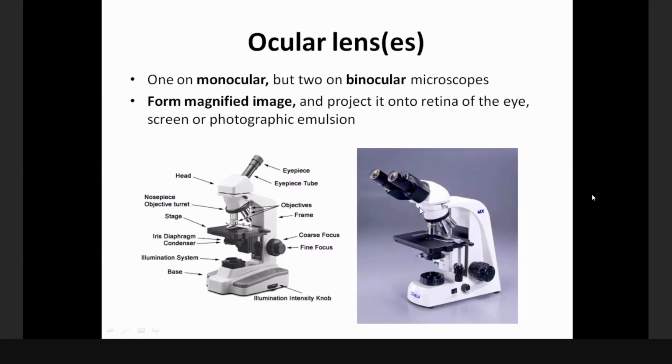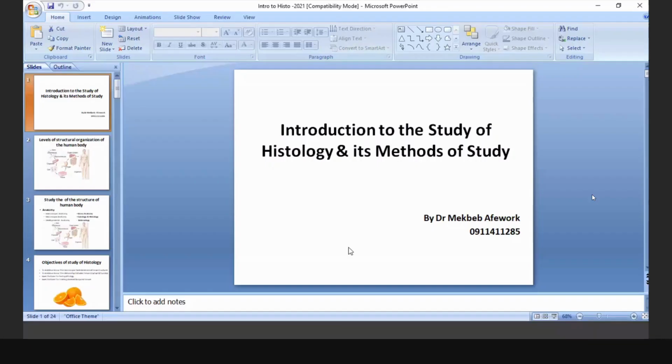It usually comes about 1 point something. So if there is 1.5, you have to again multiply the magnification. So that's how you calculate the magnifying power of the microscope you use.